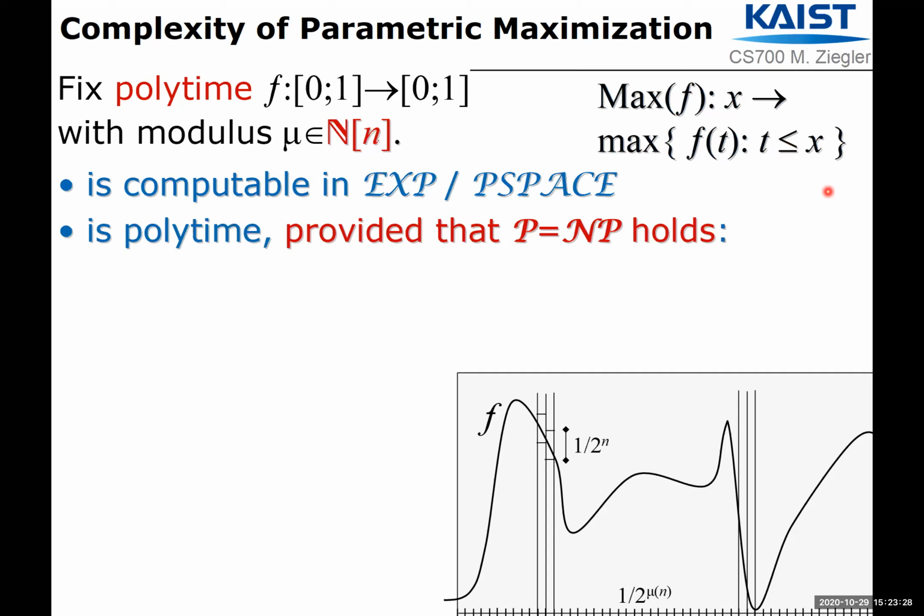Or even the Boolean satisfiability problem can be considered as a maximization problem: calculate the maximum value of that Boolean expression over all possible inputs, over all possible assignments. Is that maximum 0, in which case it's not satisfiable, or is the maximum 1, in which case it is satisfiable?